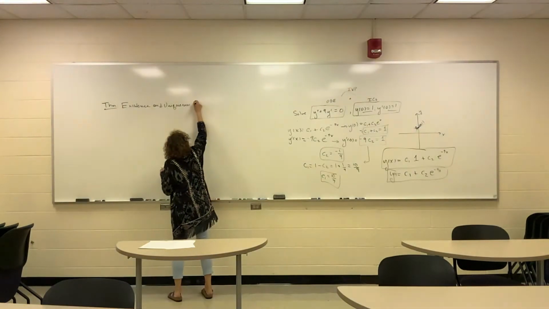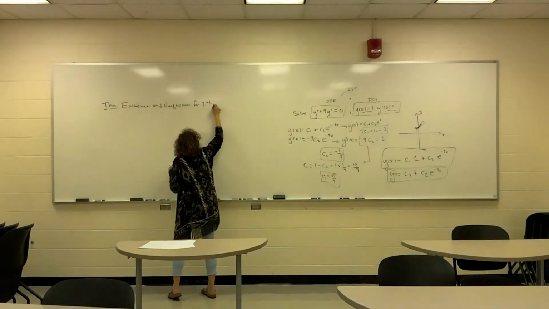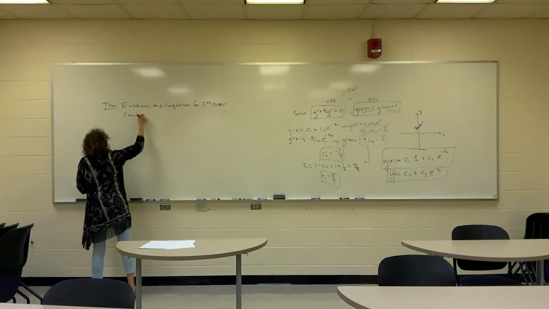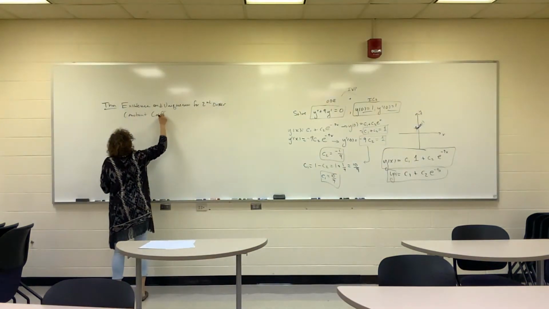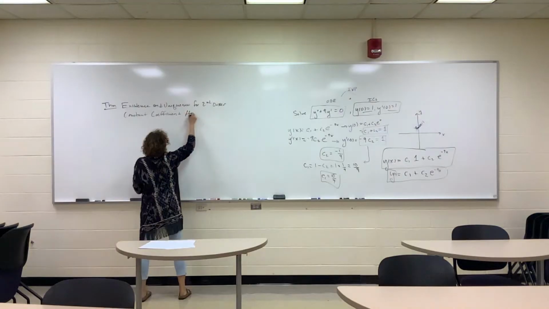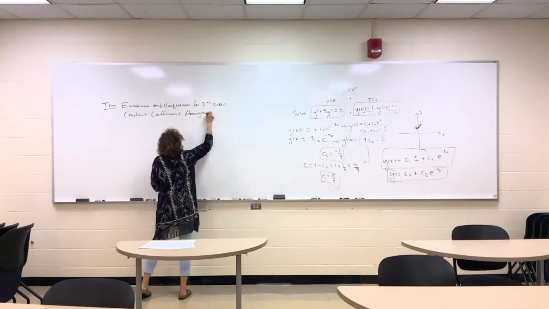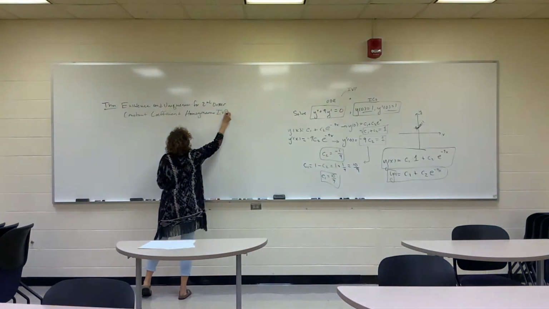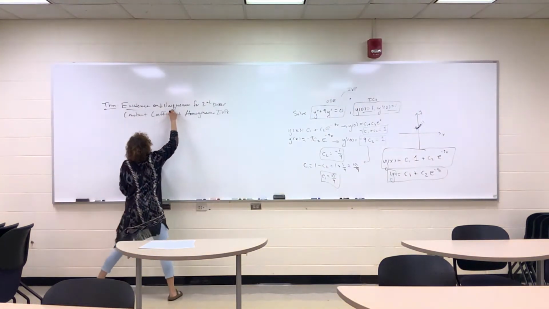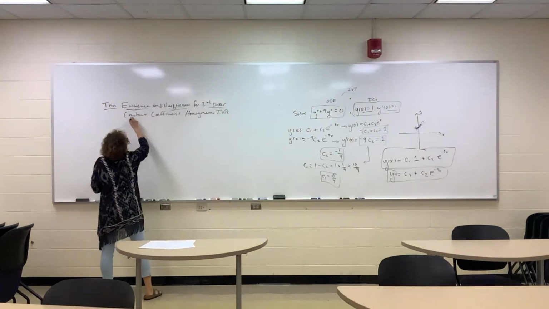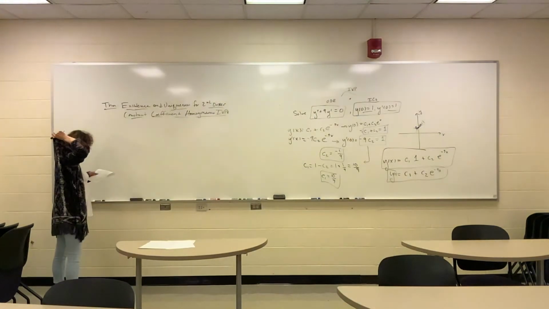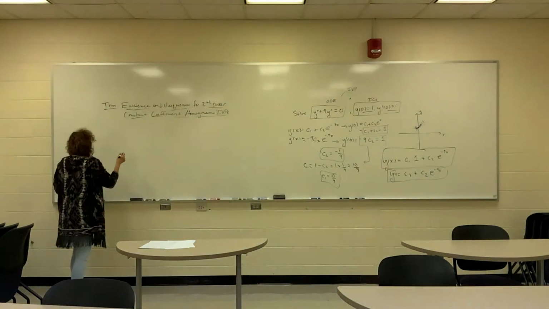Existence and uniqueness for second order constant coefficient homogeneous IVPs. That's what this theorem is. Okay? All right. So what does the theorem say?